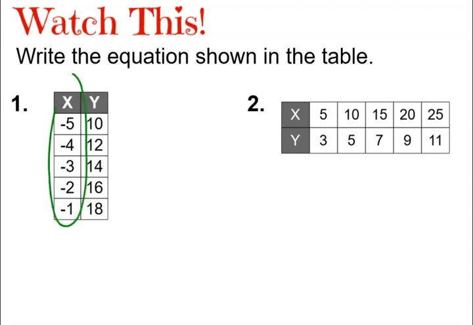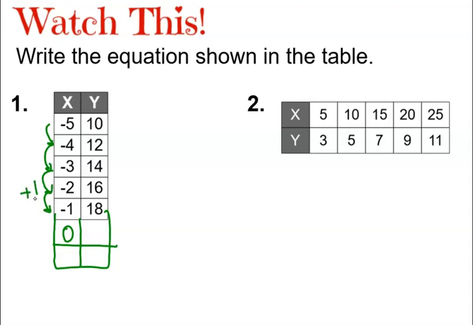I don't see a 0 in my x column, but I do know that if I extend this table, I could definitely get to a 0, because the pattern on the x's is to increase by 1, plus 1, plus 1, plus 1. So if I just continue plussing 1, I'd get to 0. Now let's take a look at the y pattern.